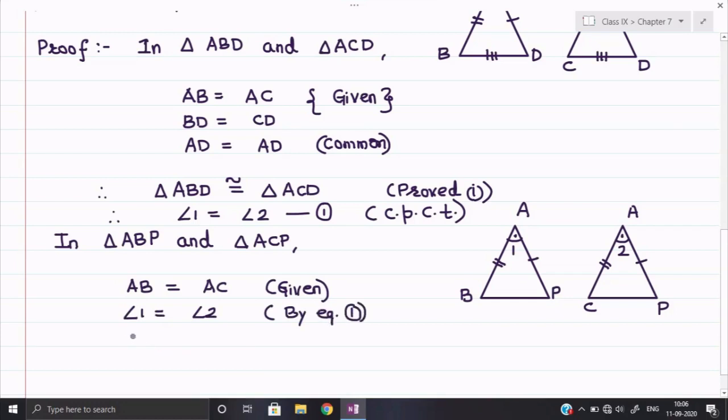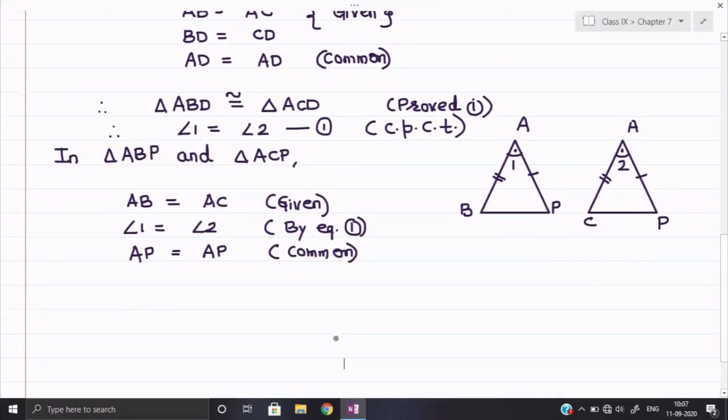And AP is equal to AP, that is common. So we can say triangle ABP and triangle ACP are now congruent.